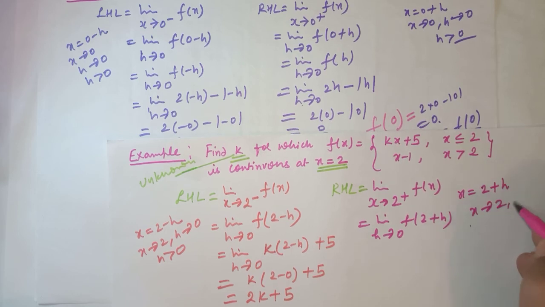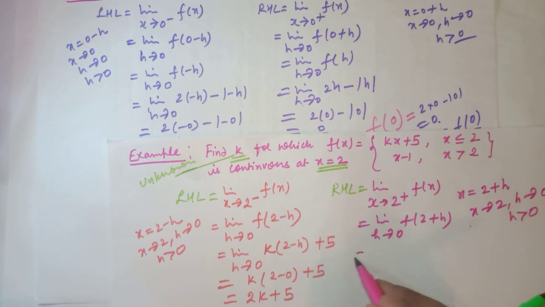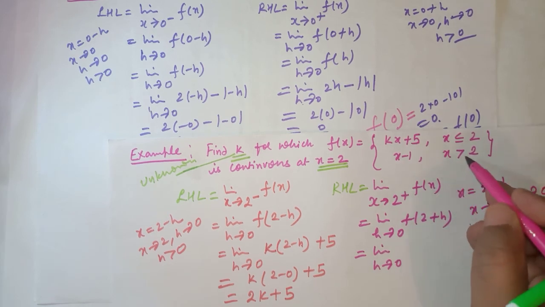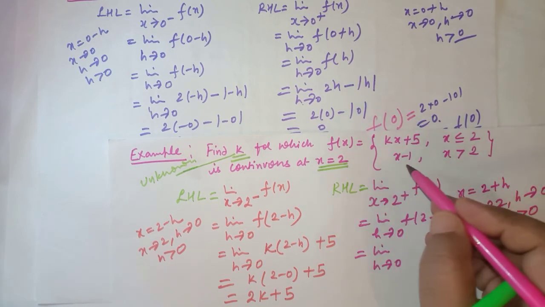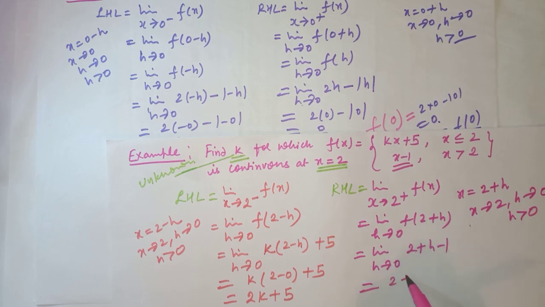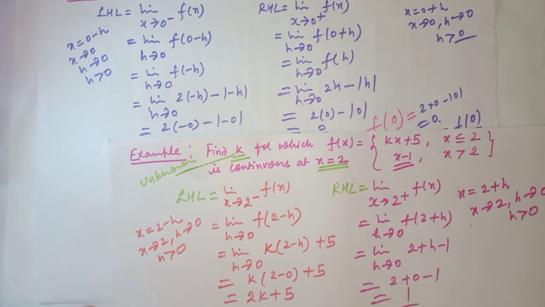When x tends to 2, h tends to 0 and h is greater than 0. Now when x is greater than 2, f(x) is defined as x minus 1. So this is 2 plus h minus 1. So as h tends to 0, we'll substitute h is equal to 0 here. This is 2 plus 0 minus 1, that is 2 minus 1, which is 1. Clear?